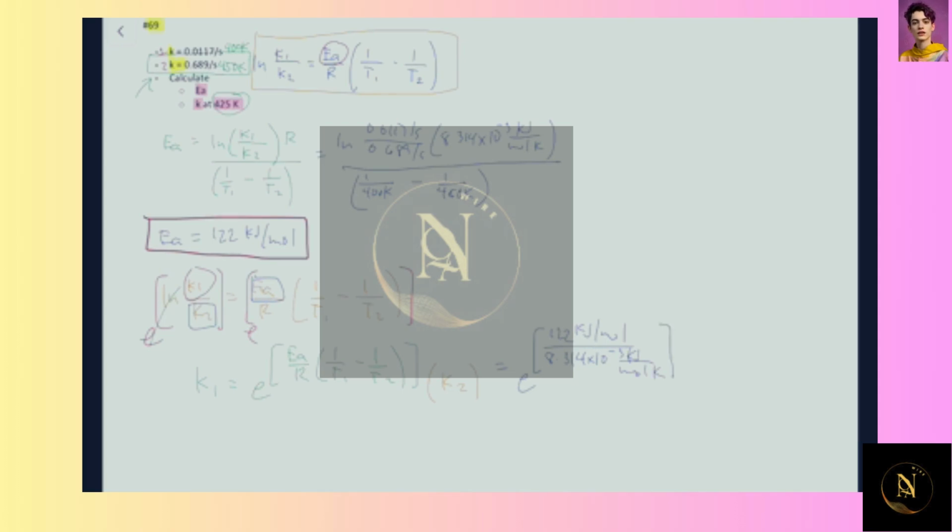Oops, I'm not done yet. We need to multiply that by 1 over T1. Since we're looking for K1, that means T1 is 425 Kelvin.